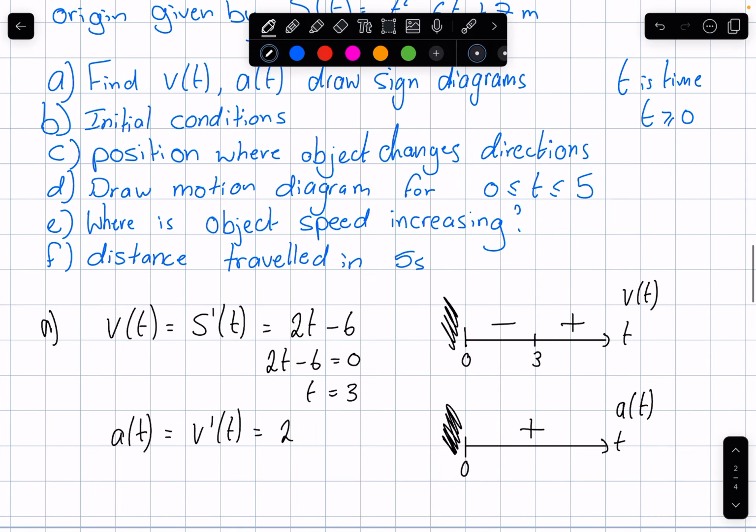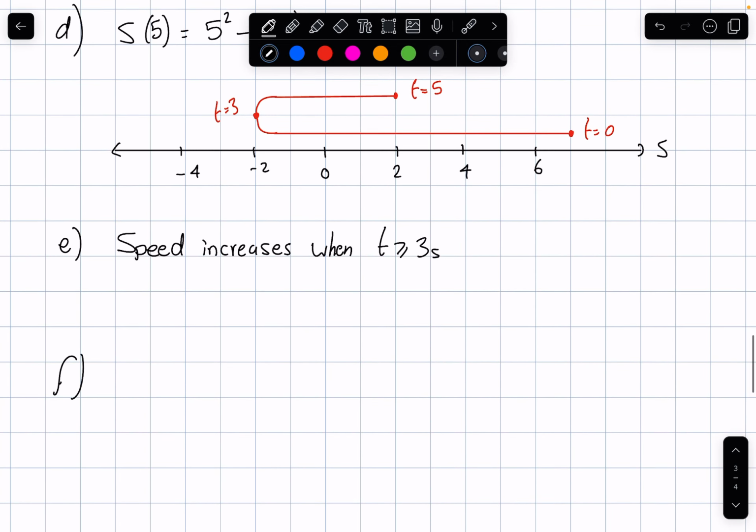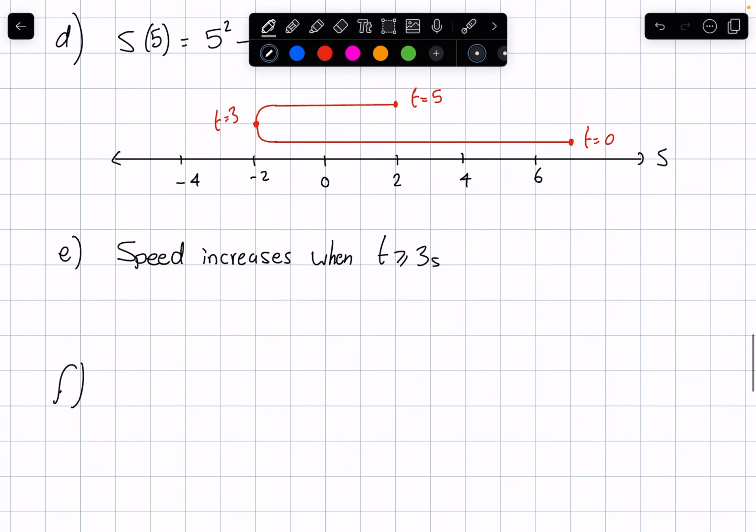And finally, F, the distance traveled in 5 seconds. We're looking at total distance, not displacement. Two very different things. We're looking at total distance traveled. So from t equals 0 to t equals 3, we started at 7 and ended up at negative 2. So that is 9 meters traveled.